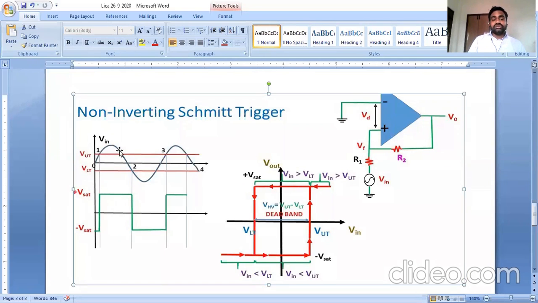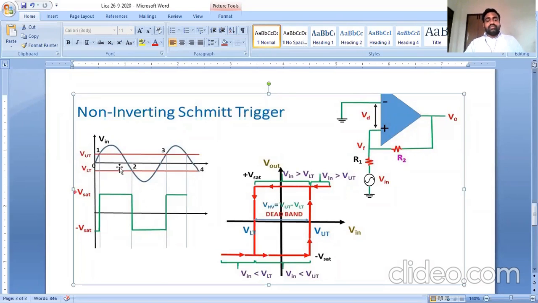That means at this condition of positive peak, the input voltage is greater than the lower threshold value. We will experience this condition of positive Vsat until the input voltage comes in contact with a new lower threshold value.